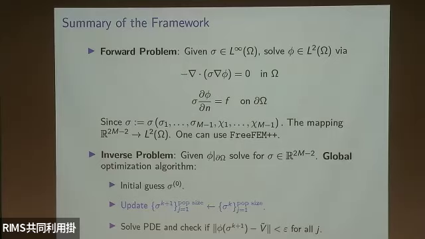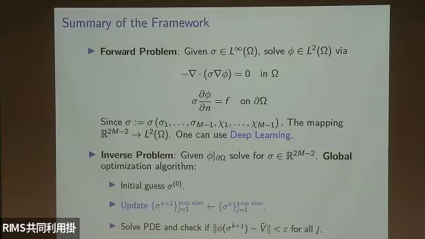To circumvent this computationally expensive solving of the inverse problem, instead of using FreeFEM, we're going to use deep learning. We will create a neural network that solves the PDE, so every time we have to update, we can just use the trained neural network and the computation is much faster. In the literature, deep learning has been used for EIT.